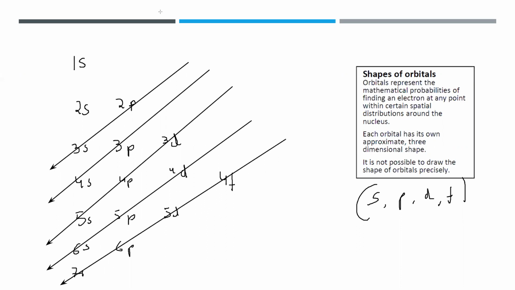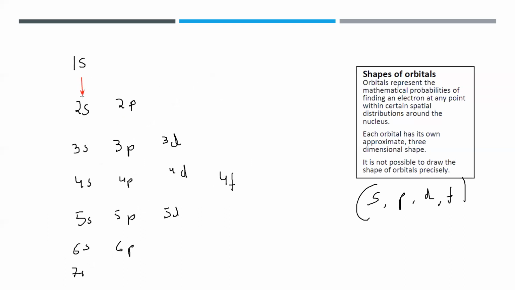Draw these lines as diagonals. Now how will the filling up occur? First we'll use 1s. Electrons always occupy the lower energy level first.